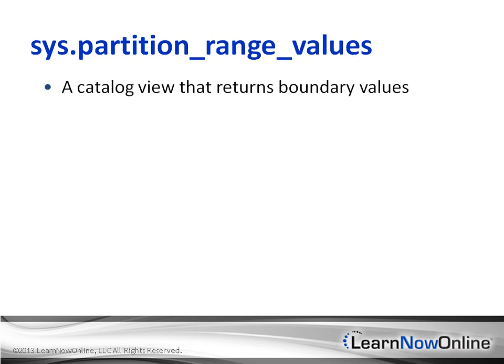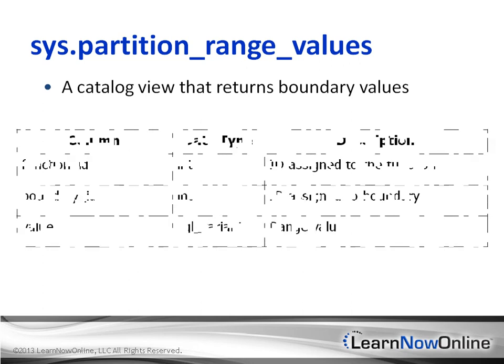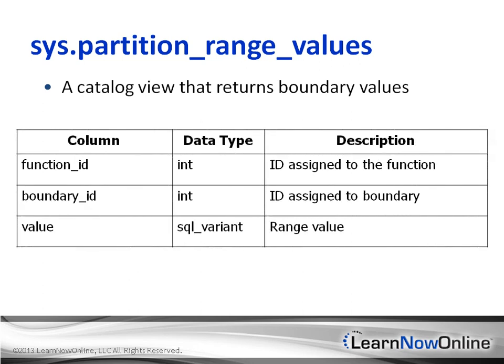If we want to get information about the boundary values defined within a particular partition function, we can use the partition range values catalog view. Very straightforward. It contains the ID assigned to the function, the ID assigned to the boundary, and its range value.